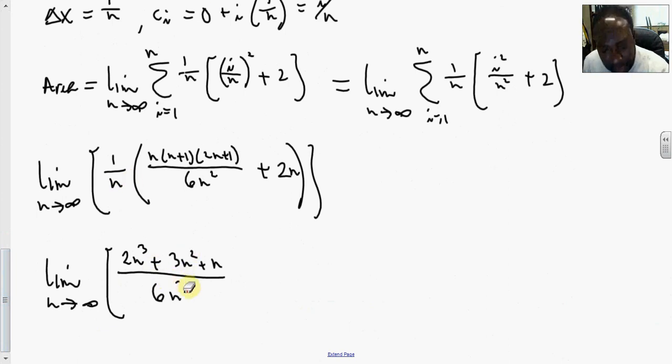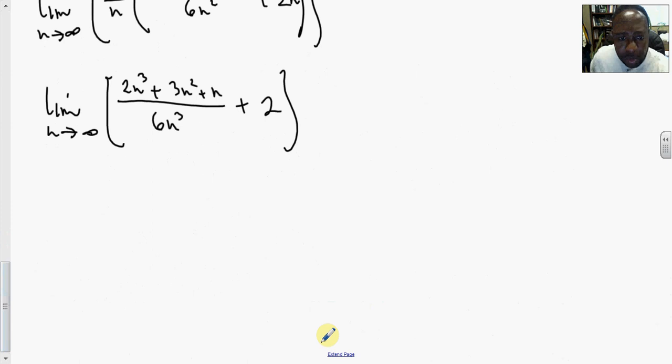And this is plus 2n divided by n, which is just 2. So we simplified. You see that the answer would be the 2 over 6, which is 1/3, plus a 2.